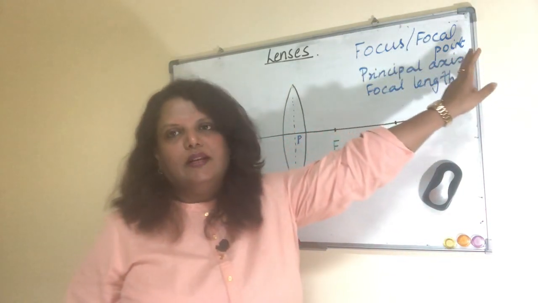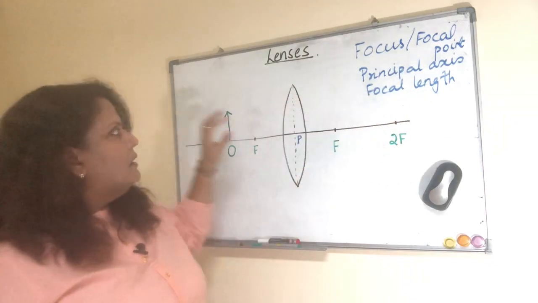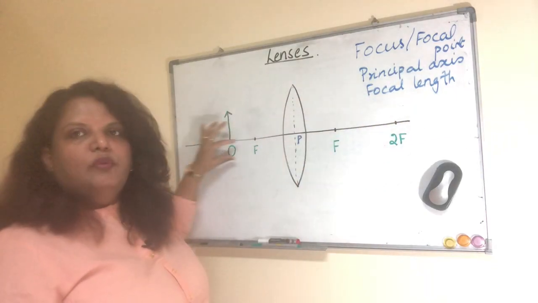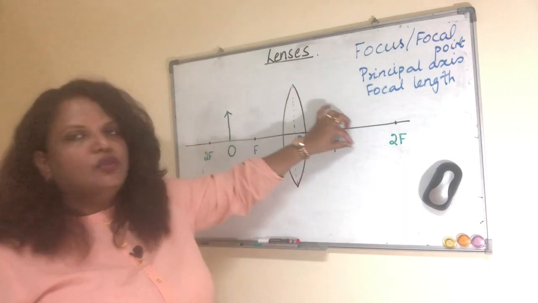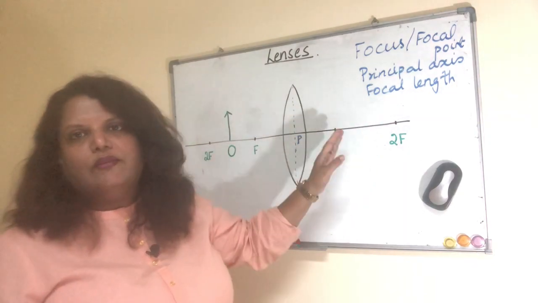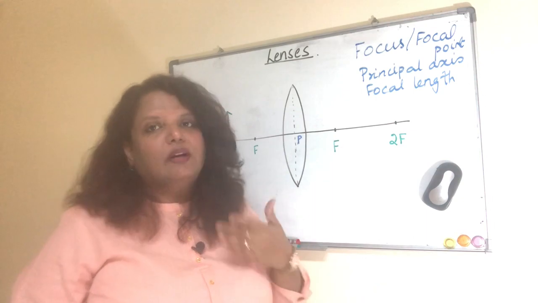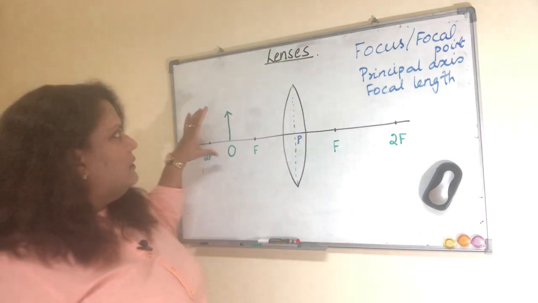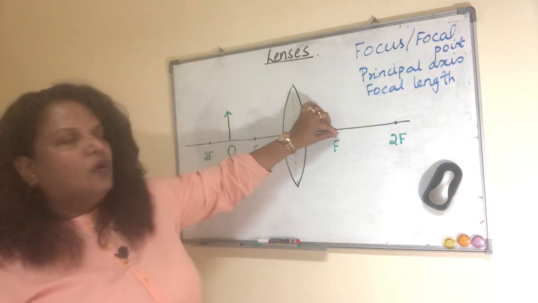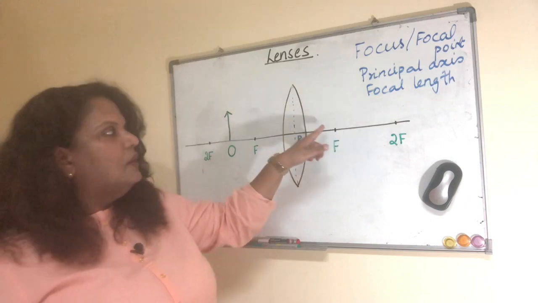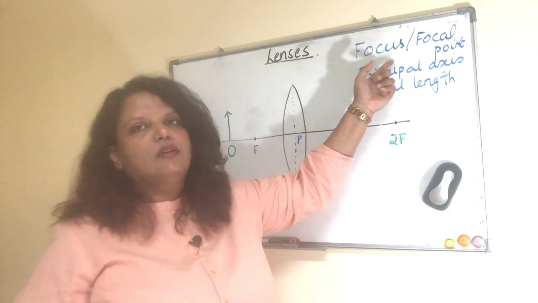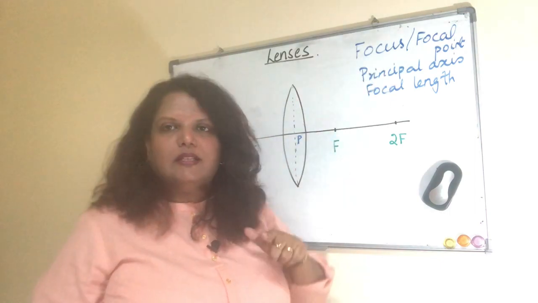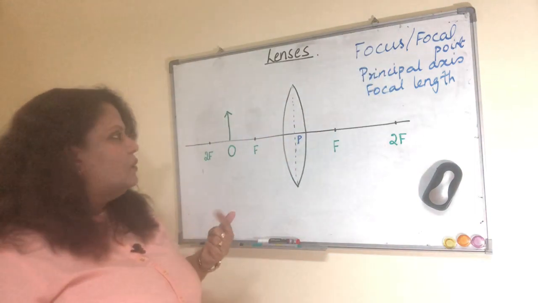Focus or focal point is, for a convex lens, the point where a parallel light beam that approaches the convex lens will converge, or they will all pass through the focal point. Okay, you have the diagrams given in the textbook, you can refer to. I hope you would remember that. It's not a difficult one. You have the parallel light rays, all of them will converge through, or pass through, the focal point. That is your focus for a convex lens. When we discuss concave, I'll mention what it is about.